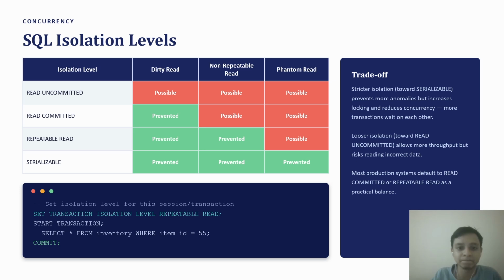Non-repeatable read, the same thing can happen. If I read now, somebody updates it and I read again, then same. Phantom read can also happen. Phantom read and non-repeatable read are somewhat similar, but phantom read deals with rows and non-repeatable read deals with the data.